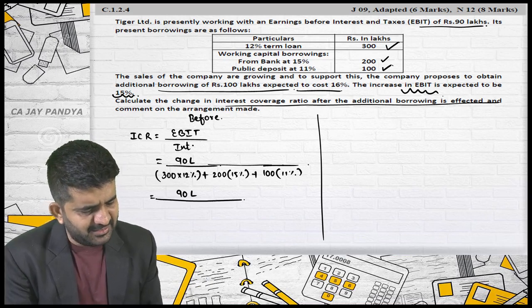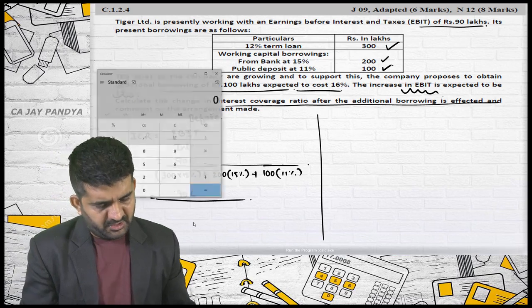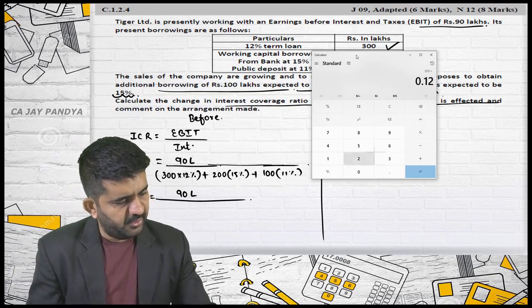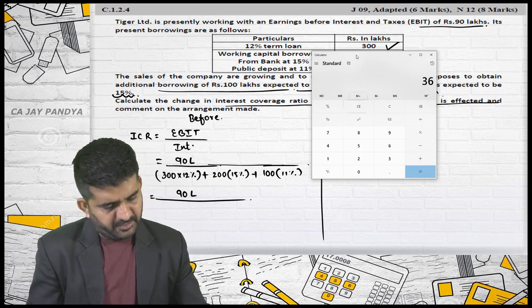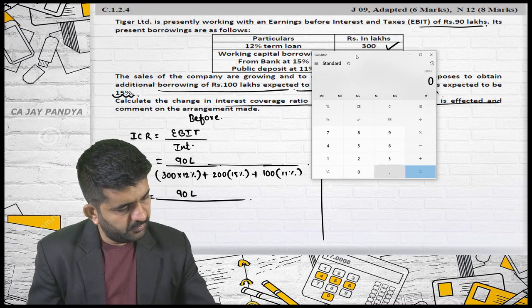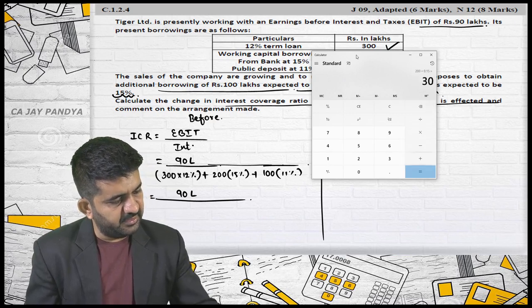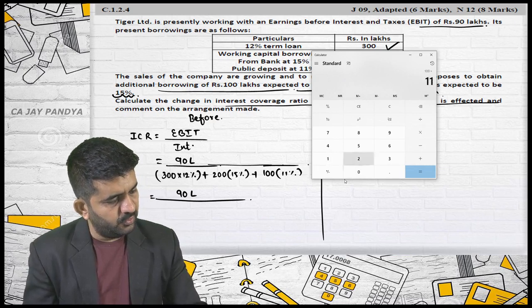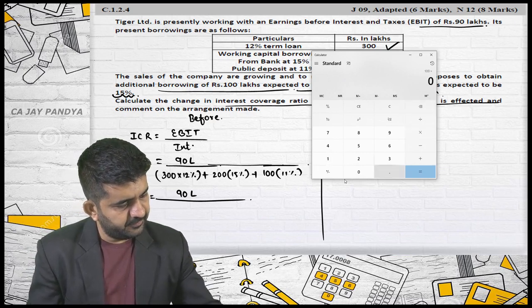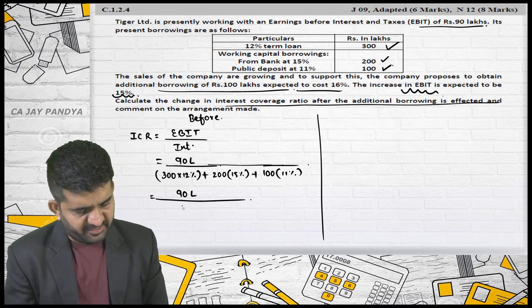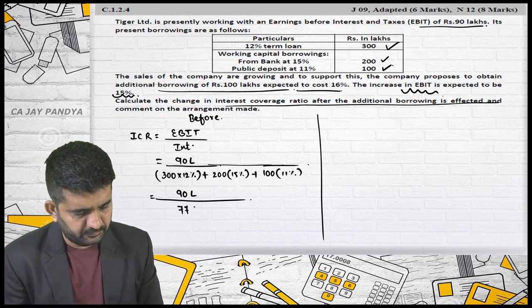So it is 90 lakhs divided by 300 into 12% plus 200 into 15% plus 100 into 11%, which is 77 lakhs.